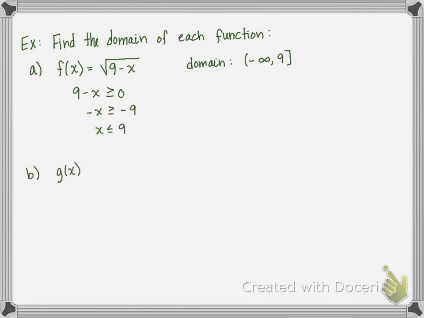How about this one? How do I find the domain of that? Well, we're not simplifying. We're finding the domain. So we're trying to find the set of numbers that I can plug in for x, for which this would be defined.